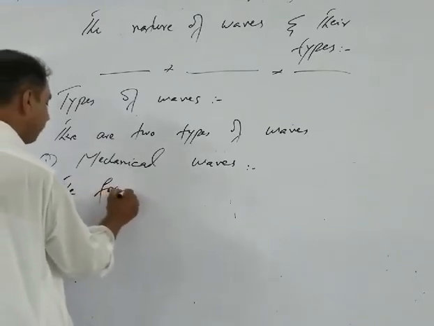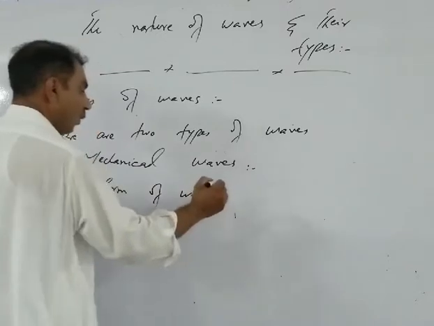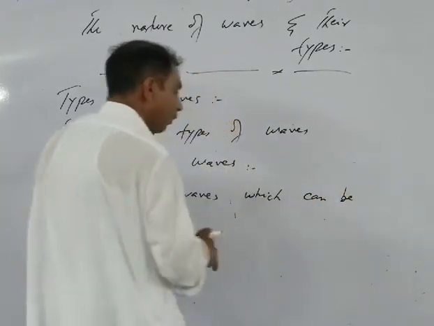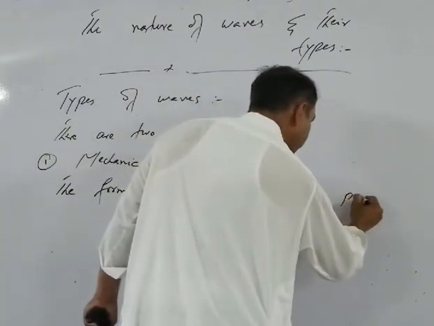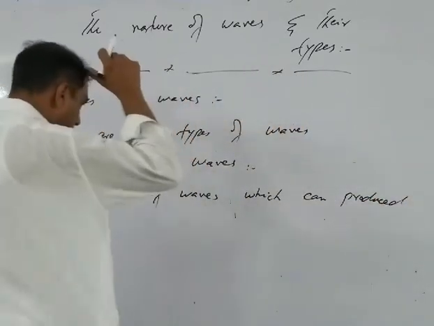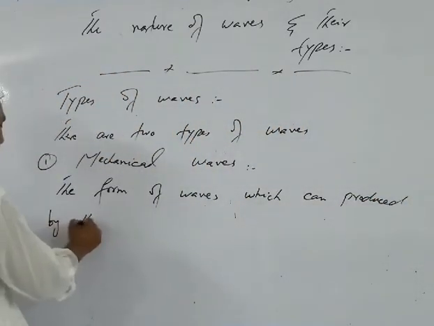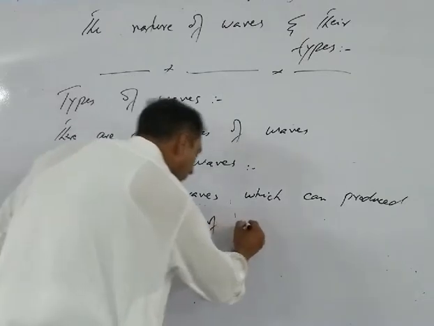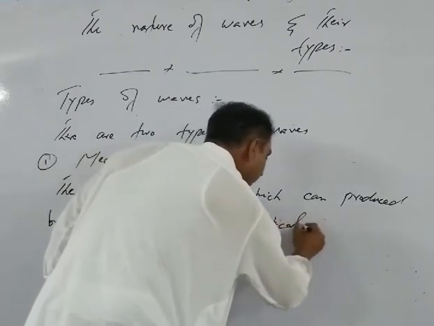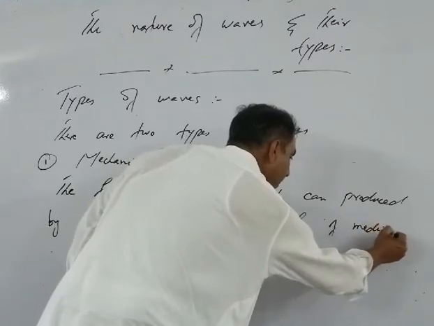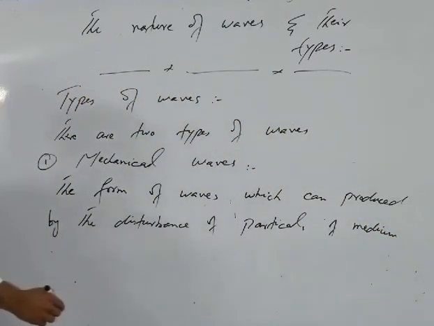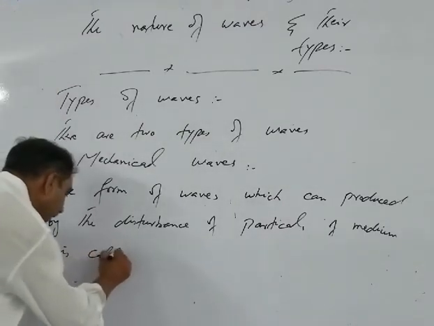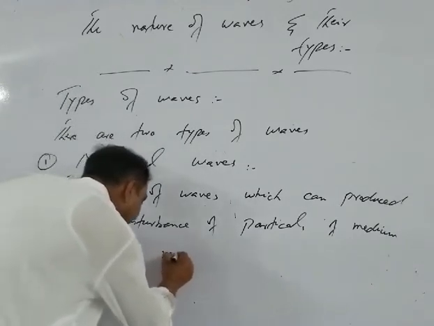The form of waves which can be produced by the disturbance of particles of medium is called mechanical waves.